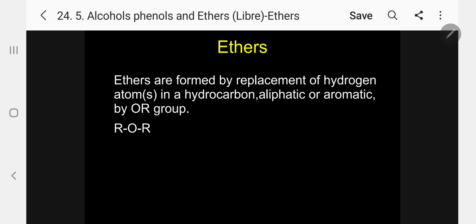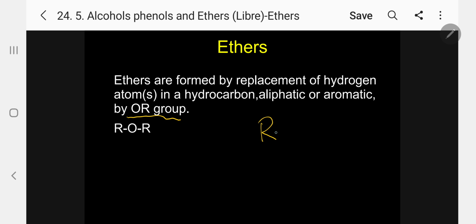What are ethers? Ethers are formed by replacement of hydrogen atom or atoms in a hydrocarbon, aliphatic or aromatic, by OR group. Kindly follow.